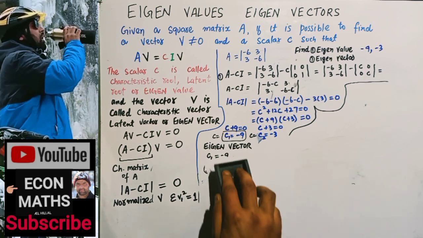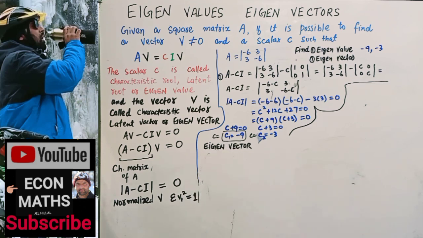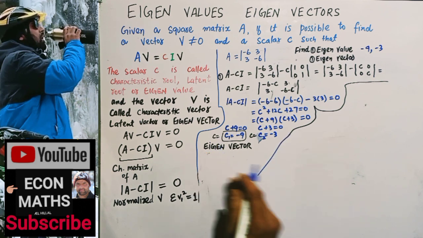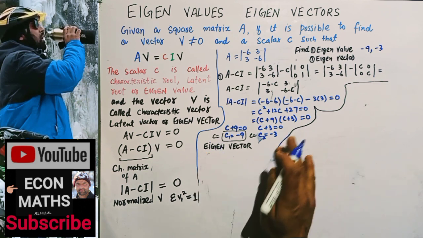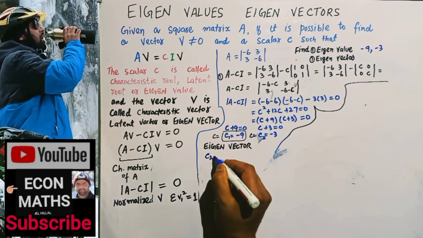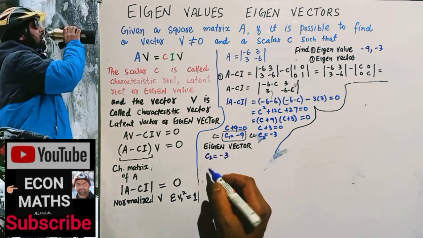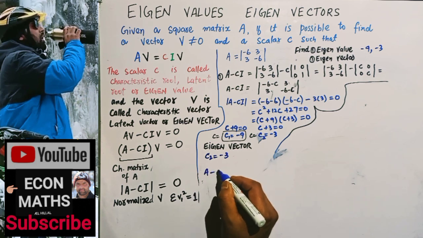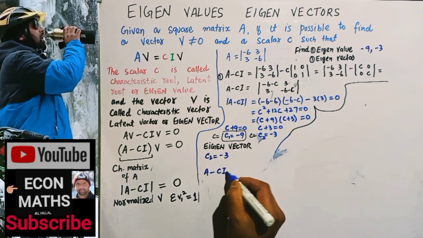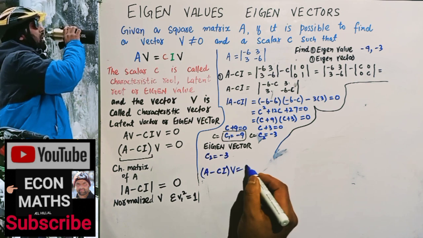So this time, forming this matrix, that is A minus ci times v equal to 0.